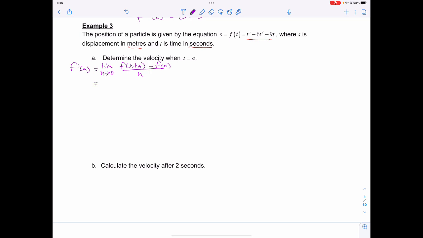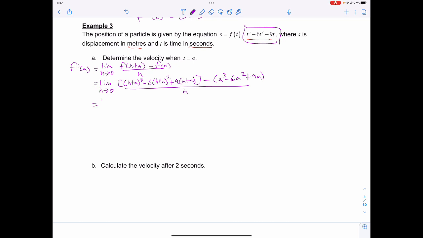Now, when we sub it into this formula, I have the limit as h approaches 0 of h plus a cubed minus 6 h plus a squared plus 9 h plus a. I'm going to subtract from that a cubed minus 6a squared plus 9a. And it's all over h.